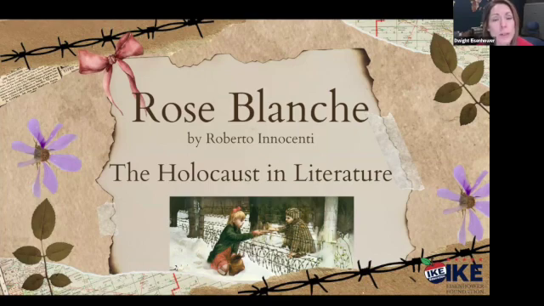Holocaust prisoners in a concentration camp near her village. Her response is one of compassion, but it leads to a tragic result. Through his masterful illustrations, Roberto Innocenti shows the progression of World War II through the eyes of Rose.